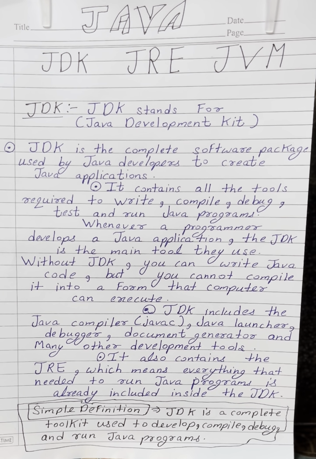Apart from that, JDK includes the Java compiler, Java launcher, debugger, document generator and many other development tools. It also contains the JRE, which means everything needed to run a Java program is already included inside the JDK.